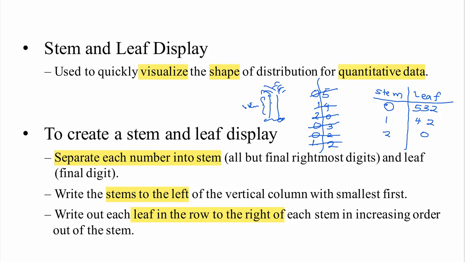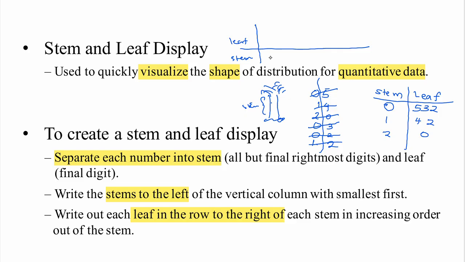Now let's see how this can help us visualize the shape of the data or the distribution. So if I put everything in this format, over here I have the stem, and up here I have the leaf.